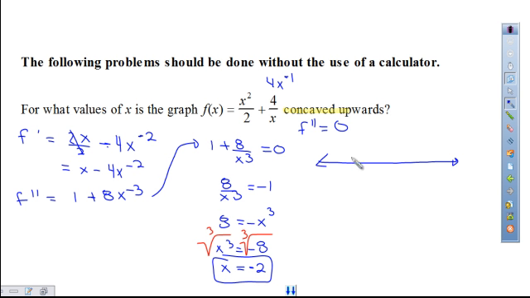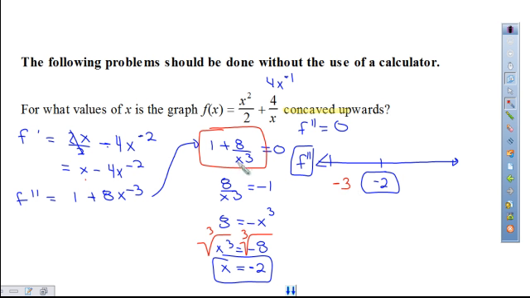So now I'm going to check the sign of my second derivative because I need to check whether the second derivative is positive or negative. And that's going to determine whether my function is concave up or concave down. So for my second derivative, I need a number to the left of negative 2, so let's do negative 3.